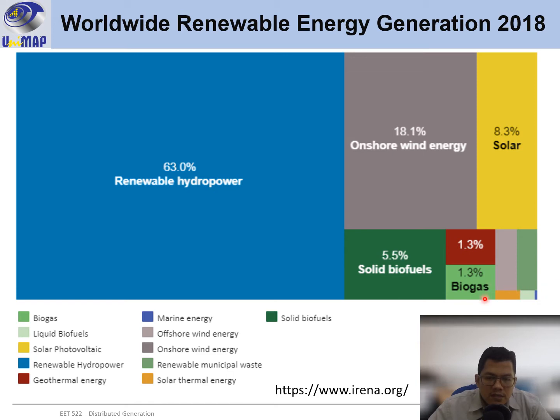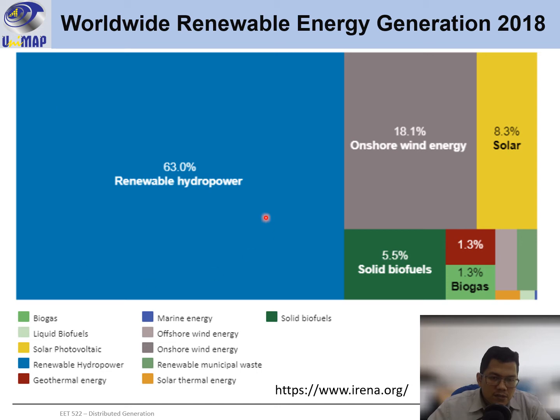And the yellow one here is the solar thermal energy, and the total power is around 12,200 gigawatt hours in 2018.